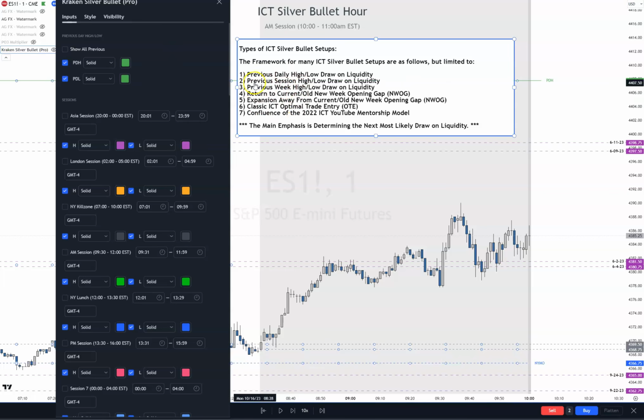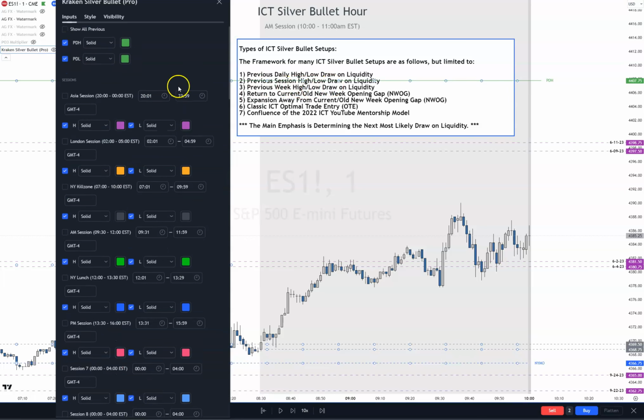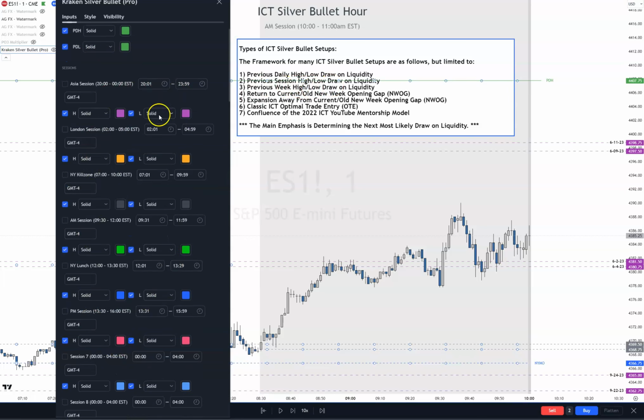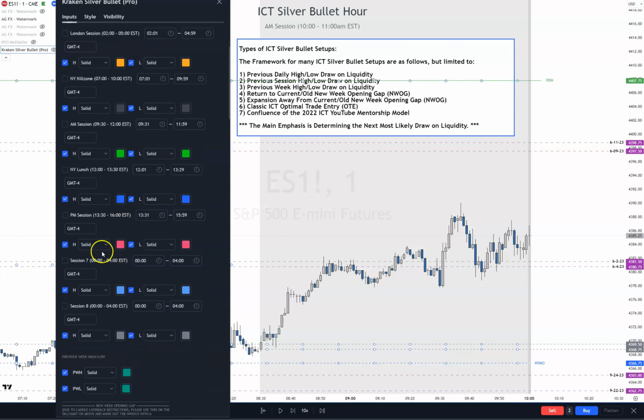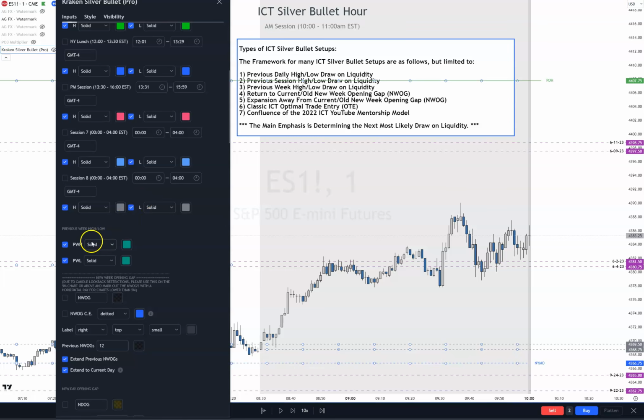And if you want to look at it, we'll just keep an eye on this. What he has, previous daily highs, here's previous daily highs and lows. Previous session high or lows, here's all your sessions for highs and lows. You can adjust the times, you turn them on and off, and we even give you 2 extra sessions down here. Previous week high and low, here's your previous weekly high and low.